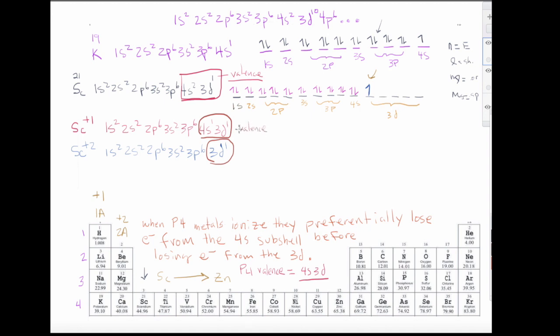You must know how to write electron configurations for the ionized versions of period 4 transition elements. So if I was to do the orbital diagram, I think I can squeeze it in here. I'm going to do it for Sc+1 as the example. So I'm going to put it right here. Let me rewrite this, Sc+1.